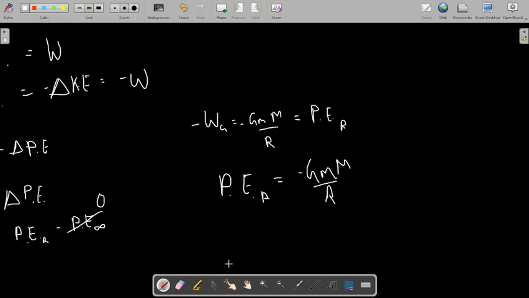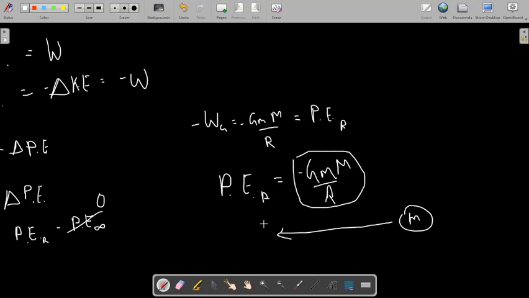So this means that the potential energy at r, the object has the capability to do that much work in the negative direction, or towards the direction of the mass denoted by capital M. So this m over here can do the magnitude of that much work along the direction of the force of gravity.